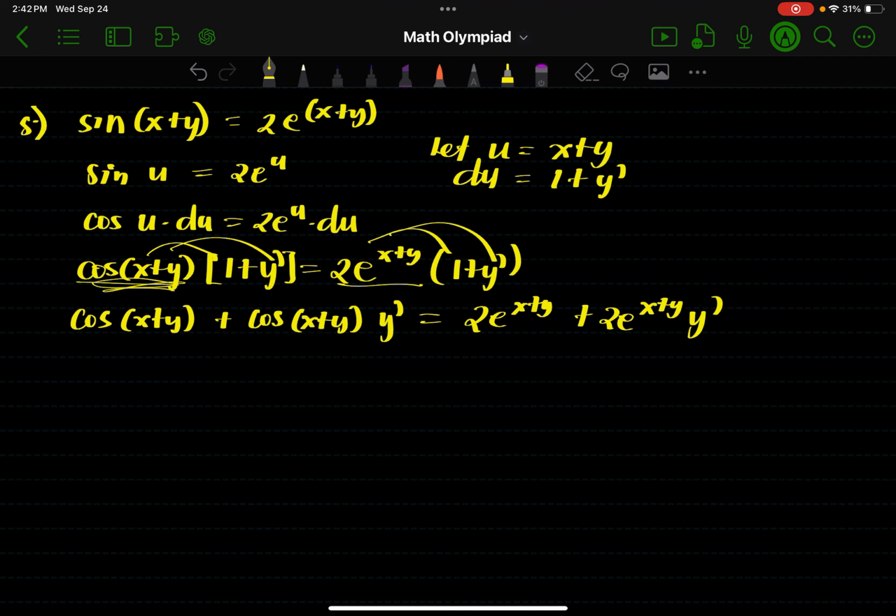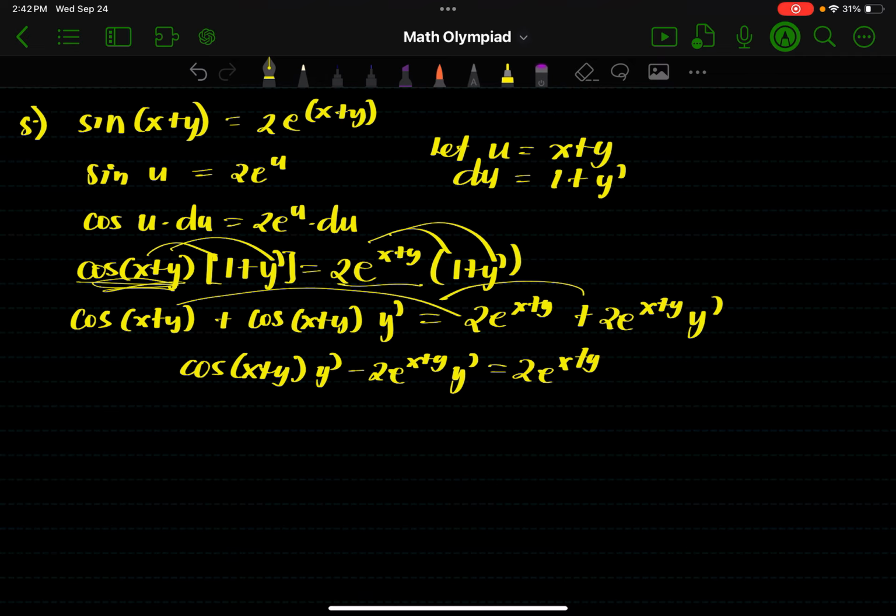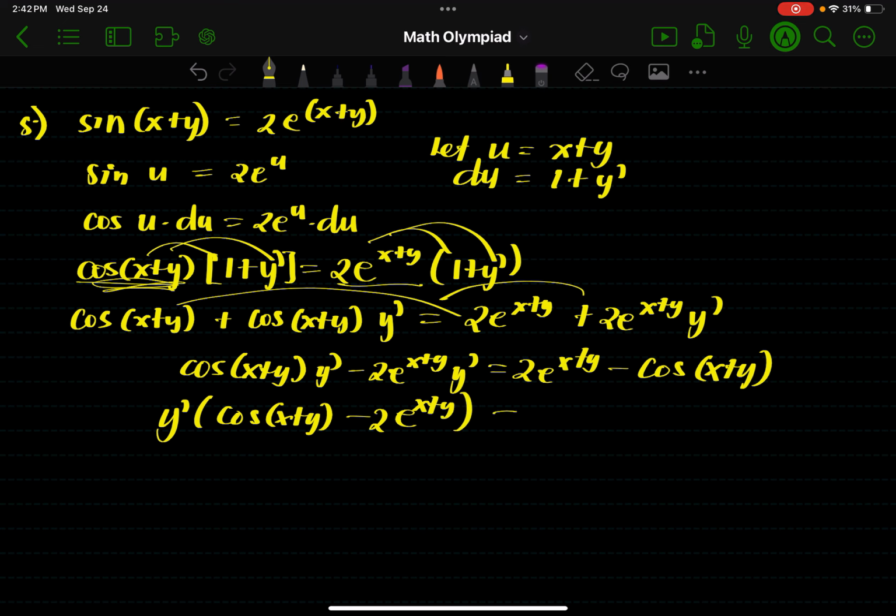What's next? Transpose this here and also this one there. So the remaining terms here will become cosine of x plus y times y prime minus 2e raised to x plus y times y prime equals 2e raised to x plus y minus cosine of x plus y. Factor out y prime. So cosine of x plus y minus 2e raised to x plus y, equals 2e raised to x plus y minus cosine of x plus y.